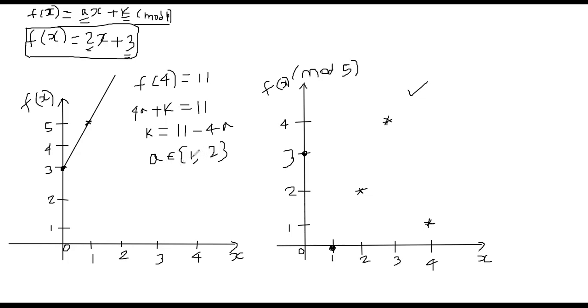Which means for every A, you can easily try the corresponding K. Let's assume A is 1, then K will become 11 minus 4, which is 7, right? So K will become 7 or K will become 3. And that's really nice. You are able to reduce the state space of the possible values significantly. Once mod is ignored, the possible values are reduced.